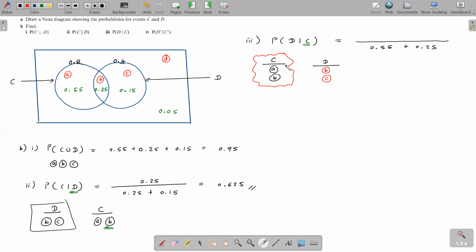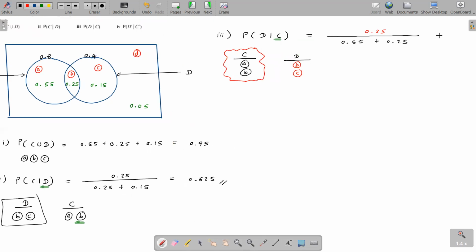You can see it's B, which corresponds with the given set. So therefore, probability of B is what should come on top. So B probability is 0.25. All right, guys. So what's the answer for Roman number 3? You can simplify in the calculator and you can get the answer as 0.3125. 0.3125. All right.